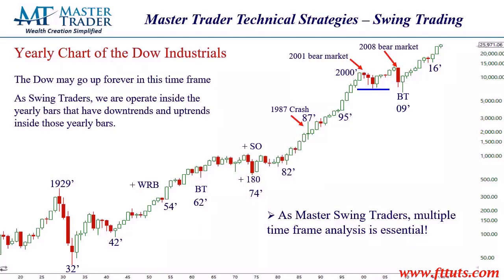This is a yearly chart of the Dow, as you can see, and I provide this to put the market in perspective. Now, we don't trade the yearly chart, but knowing what the market is doing long term, or even a sector, puts it in perspective: this market is going up essentially almost forever.